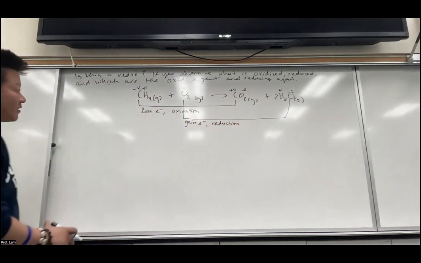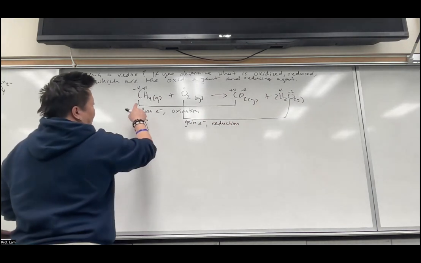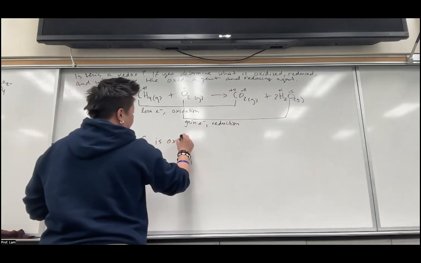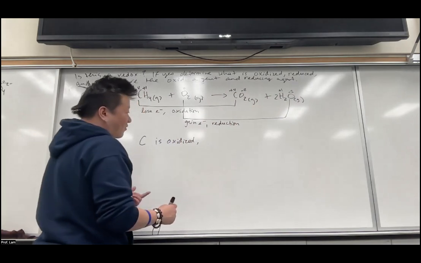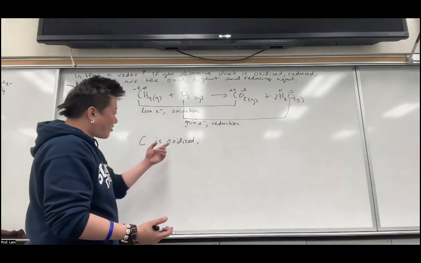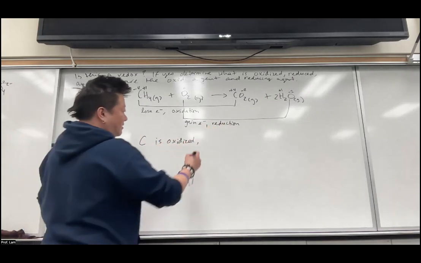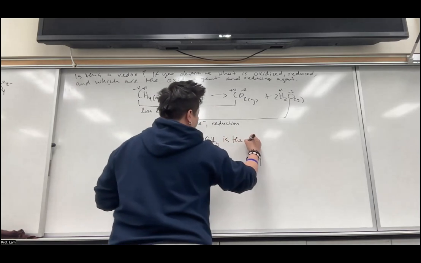So what do we say? We say carbon, just the atom of carbon, is oxidized. And so what kind of agent is carbon? If carbon got oxidized, that means it made somebody else get reduced. So therefore, CH4 is the reducing agent.